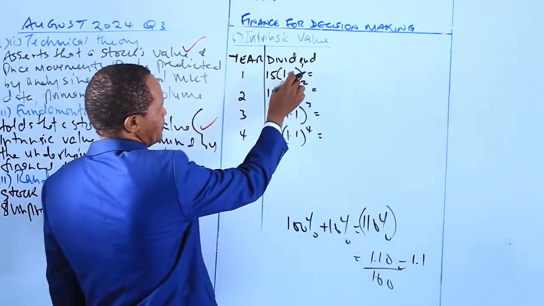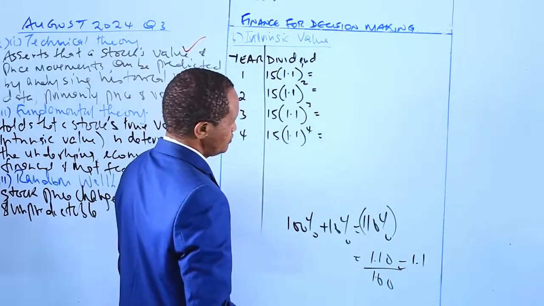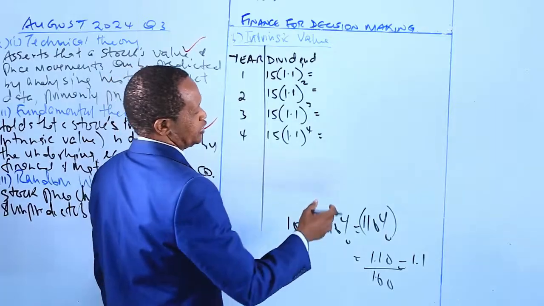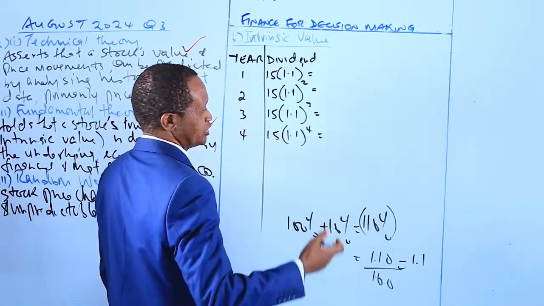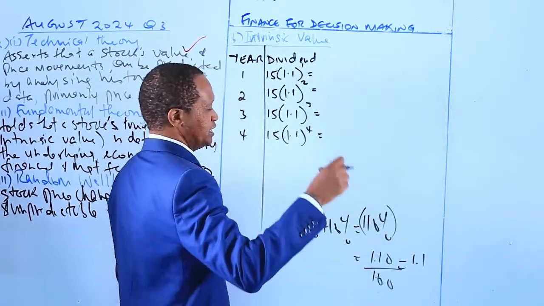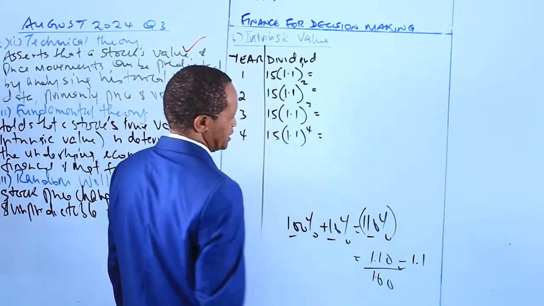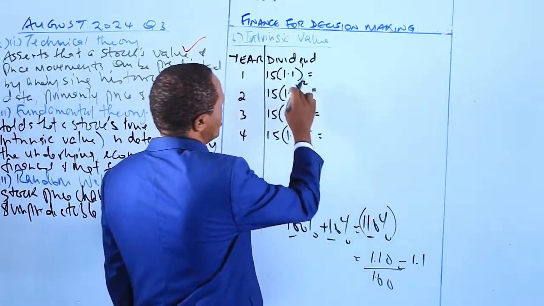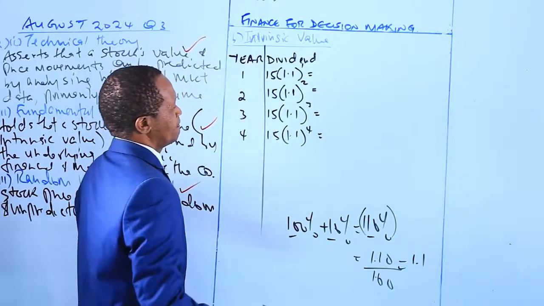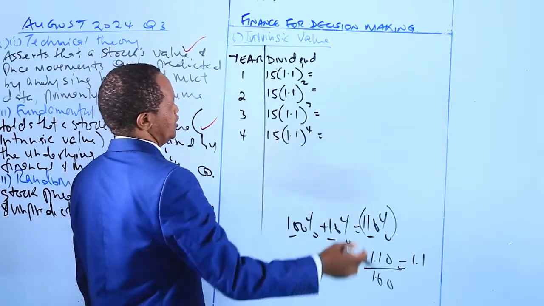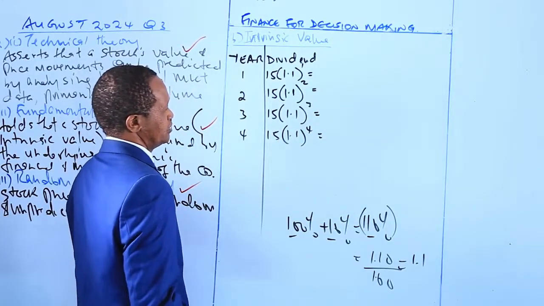That's how I get 1.1. It is 110%. It is growing by 10%. So it will be 100% plus 10%, giving us 110%, which we convert into decimal to get 1.1. Then that's how you grow it.